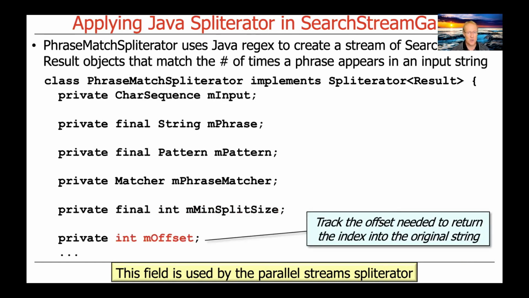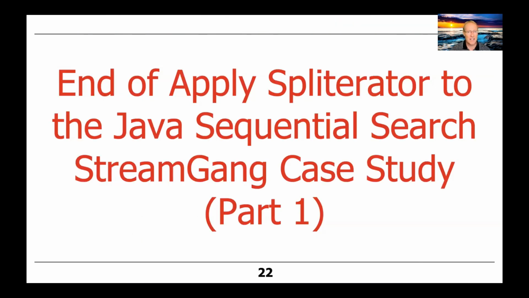This is also used by the parallel streams spliterator, and it's used to keep track of the index location in the original string. That won't make much sense now, but when we come back and talk about parallel streams, you'll see exactly why we need to do this. So that's an overview of the class purpose and the methods and the fields. Now, in the next video, we're going to talk about the implementation of the constructor and the tryAdvance method.